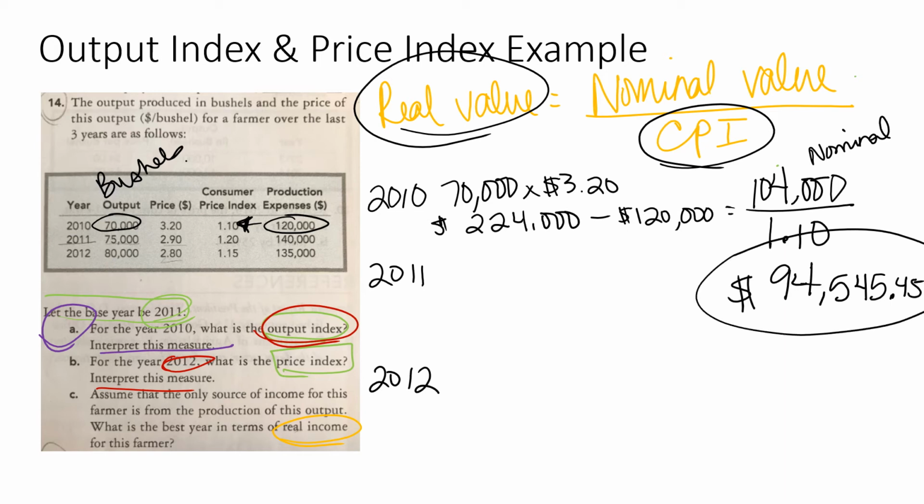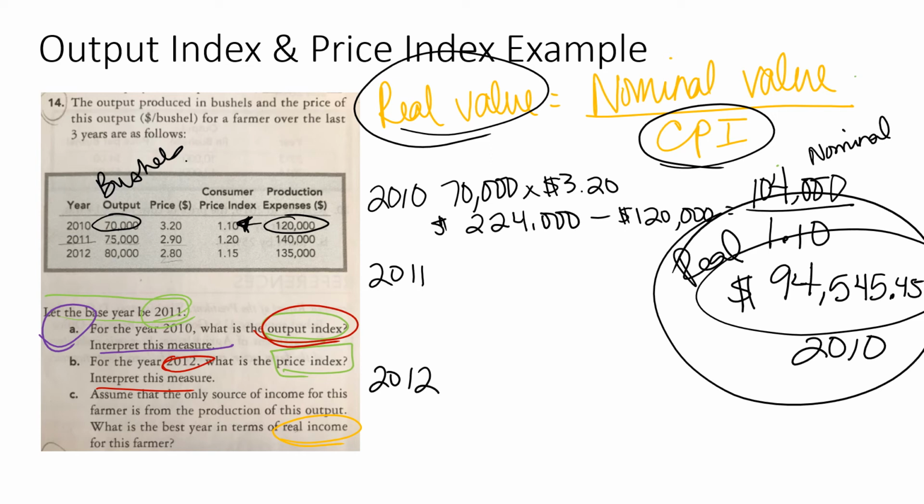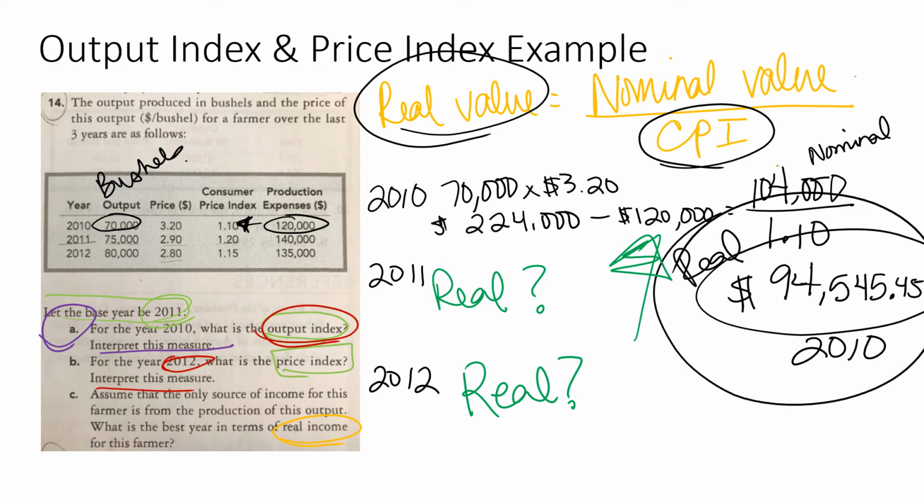So this is my real value for 2010. I now need to calculate my real value for 2011 and my real value for 2012, the same way that I calculated it for 2010. Once I finish that, the highest number is going to be the best year in terms of real income.